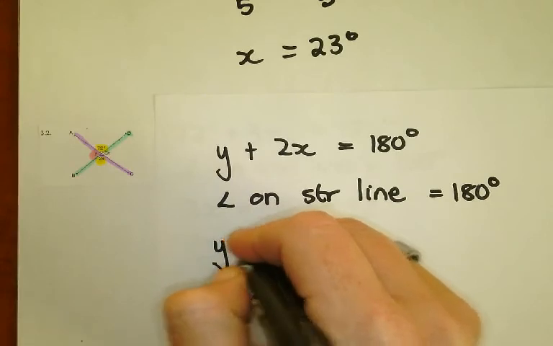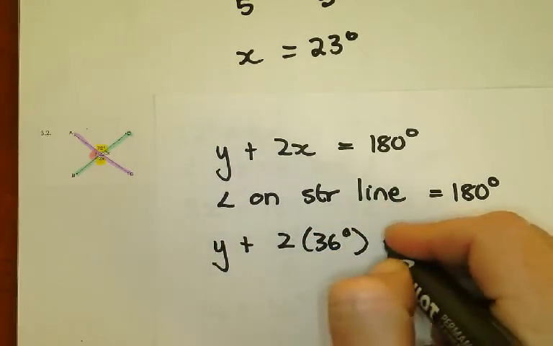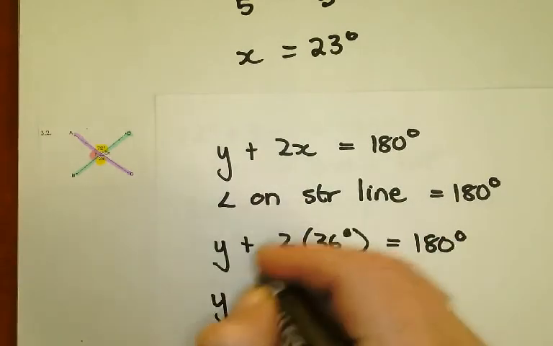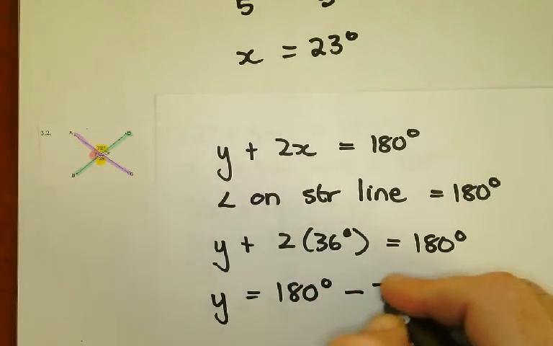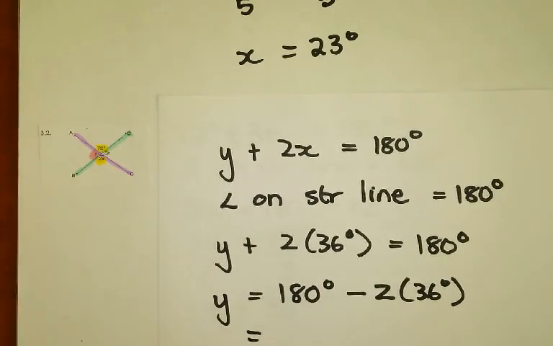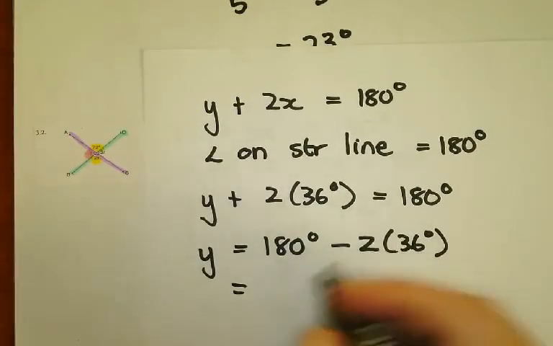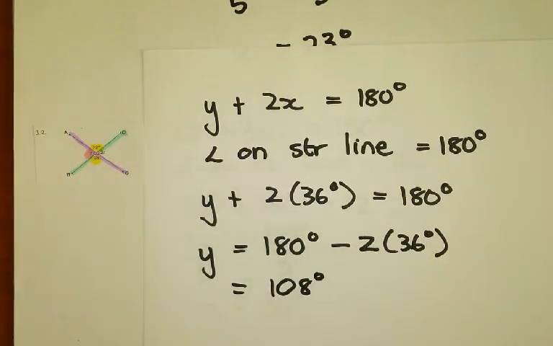So we know that angle x is 36 degrees. I want y on its own. And now you just pull a calculator together. This will give you 72, and so 180 minus 72 again will give you 108.